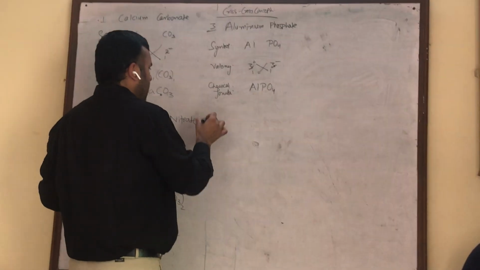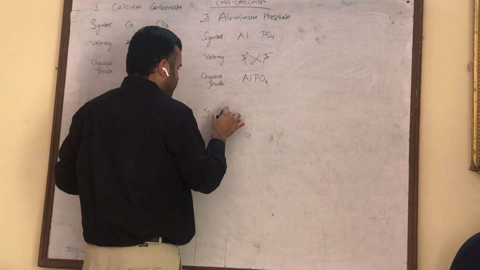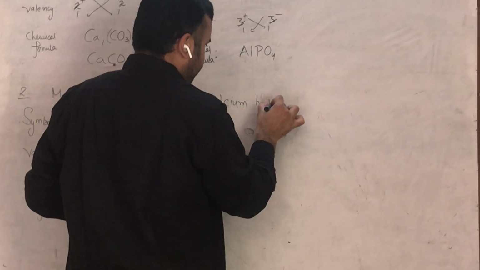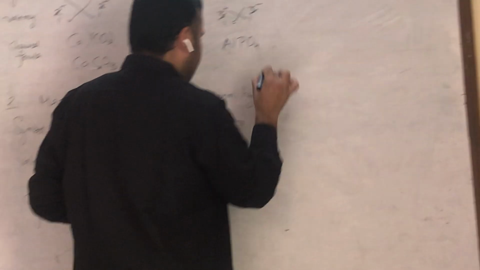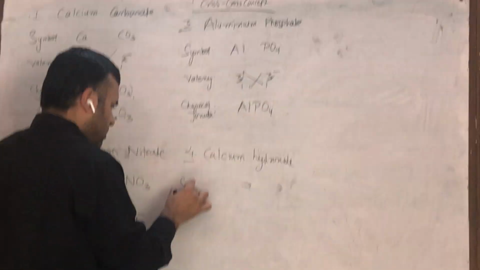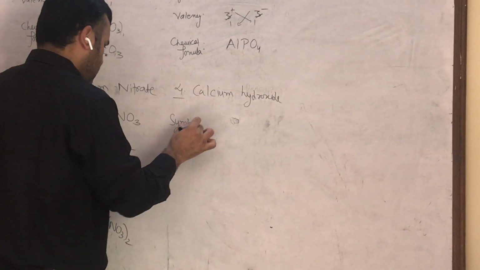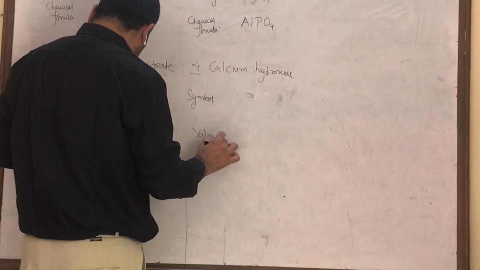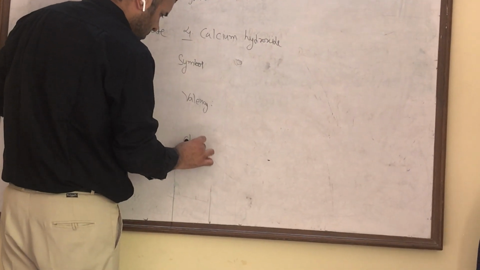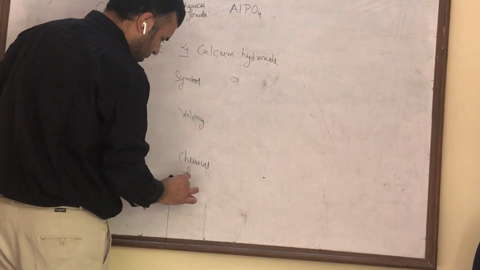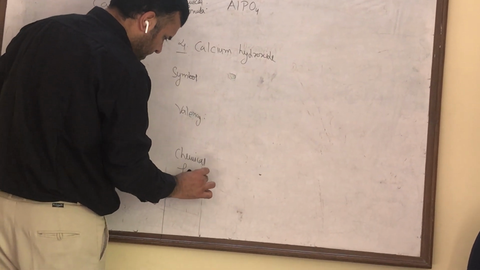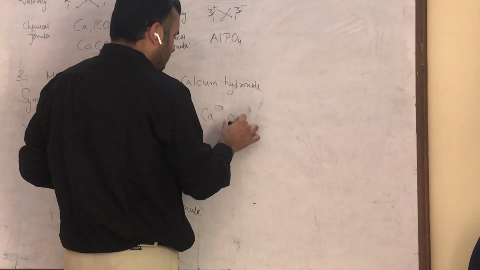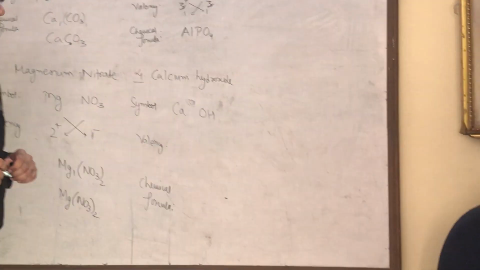One more, calcium hydroxide. Calcium hydroxide, common name is slaked lime. Symbol, valency and chemical formula. My dear students, calcium is Ca, hydroxide is OH.